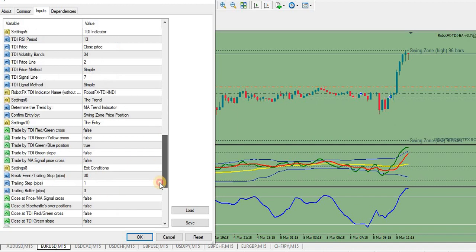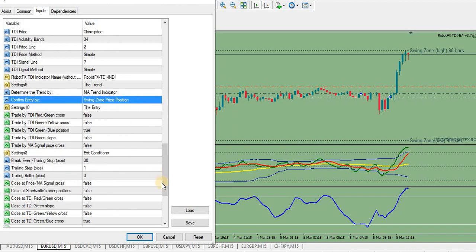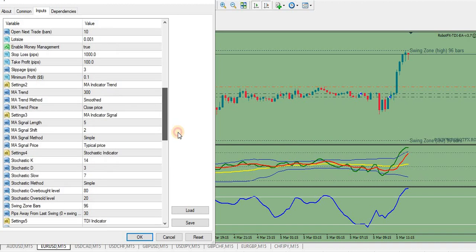So this is the swing zone price position confirmation.